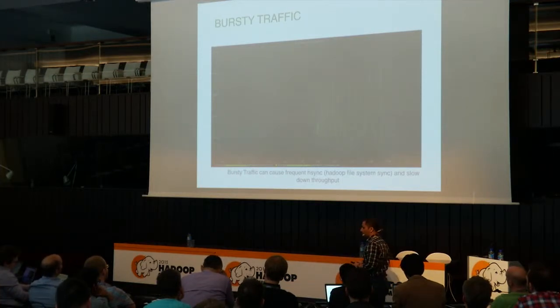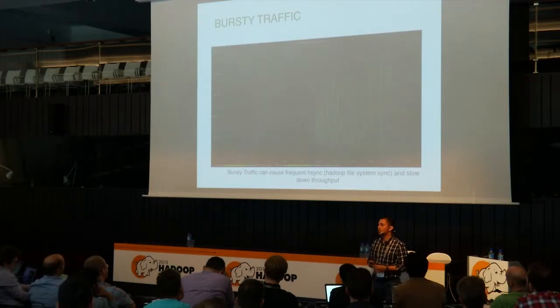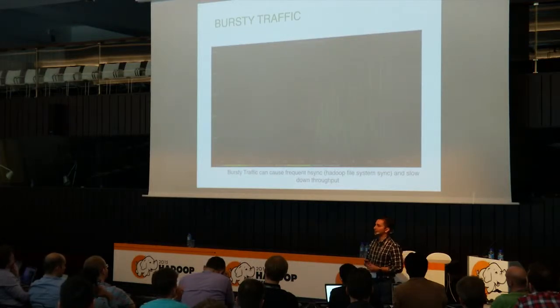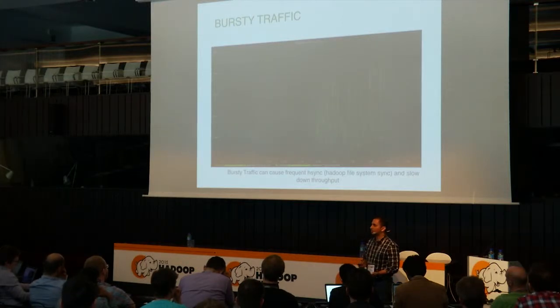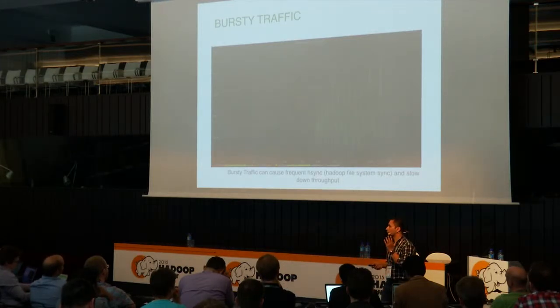All of a sudden, we started noticing that there was a lot of lag in our topology. That is, the topology wasn't processing events as fast as possible. The reason is that we had set the count of the sync within Hadoop way too low. So basically, it was getting 3,000 messages, and it was trying to sync every second or half a second and so on and so forth.